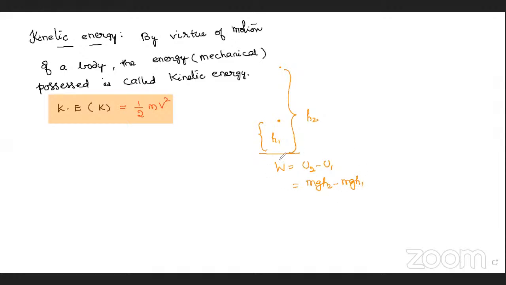That day we concluded one statement also: the work done is equal to the change in potential energy. I think all of you remembered all these points. Am I correct, Nana? Yes, work done is equal to change in potential energy.